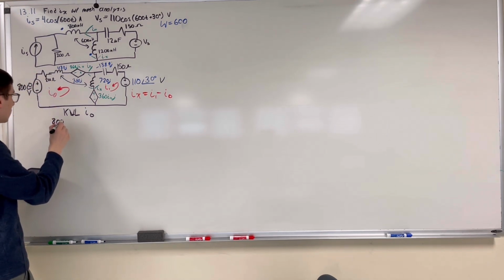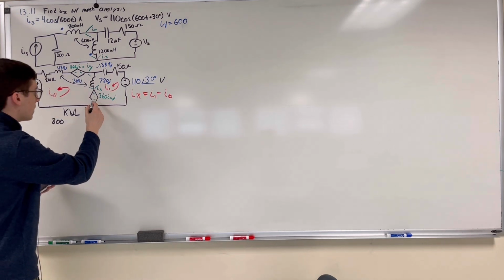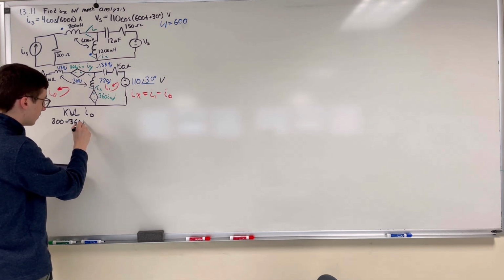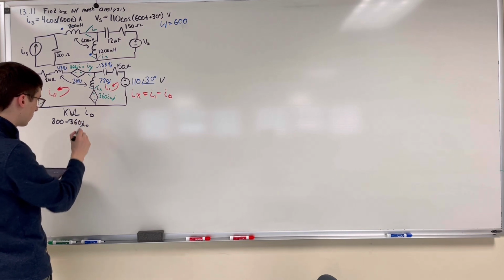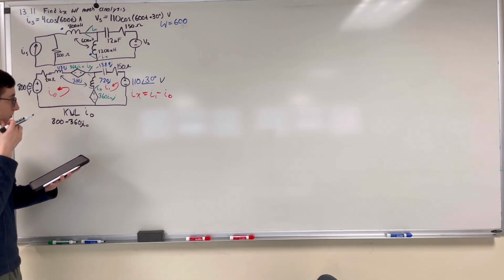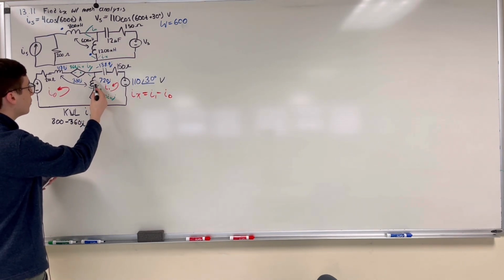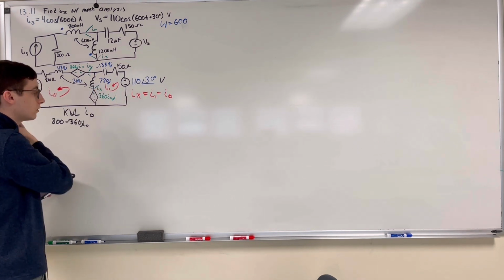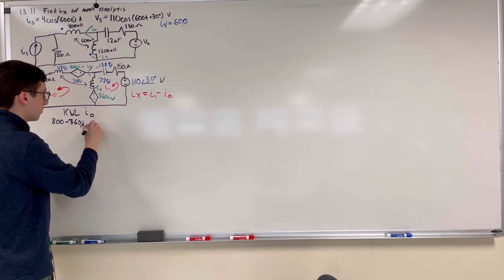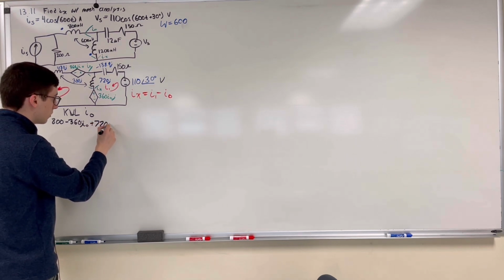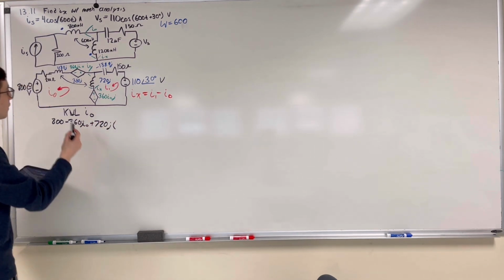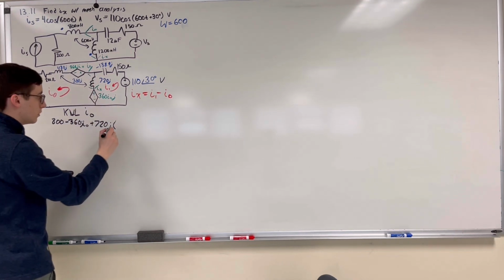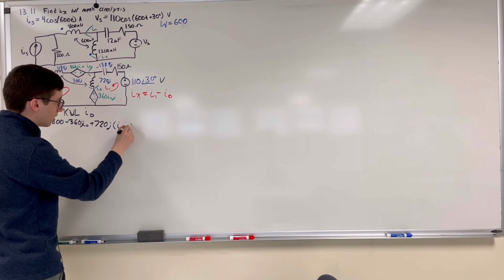And we'll come down around, and it's going to be minus 360 J IO. And then we're going to flow through this 720 J ohm inductor. So it's going to be plus 720 J. But since this component shares both currents, I'm going to do IO minus I1.